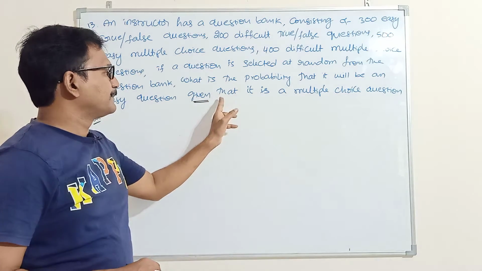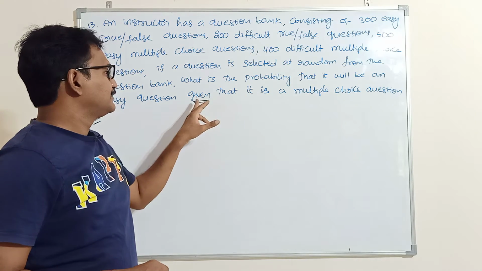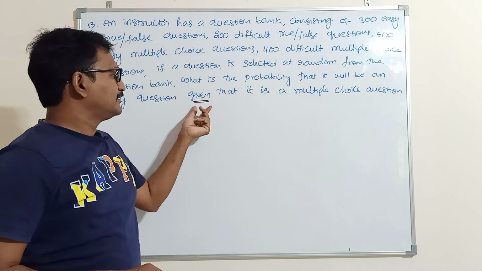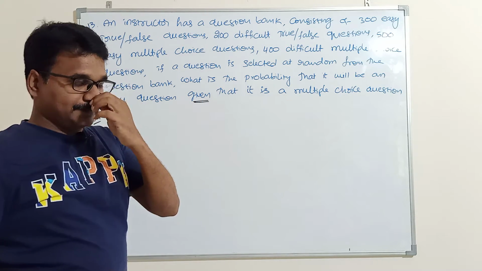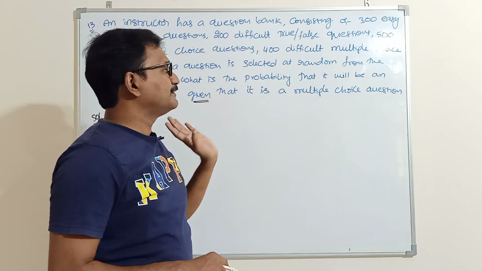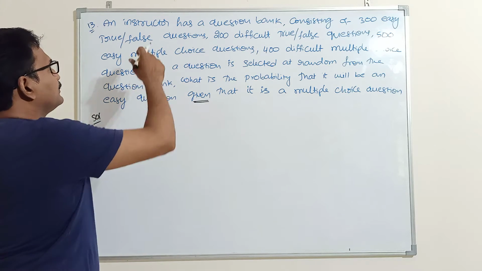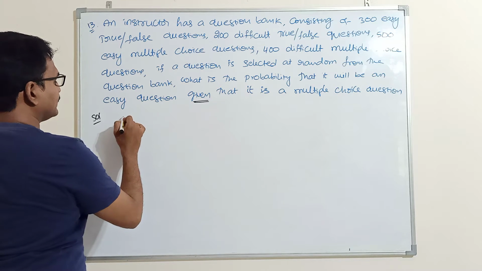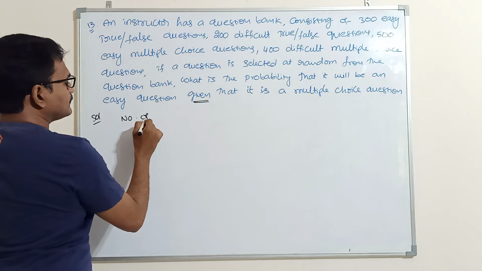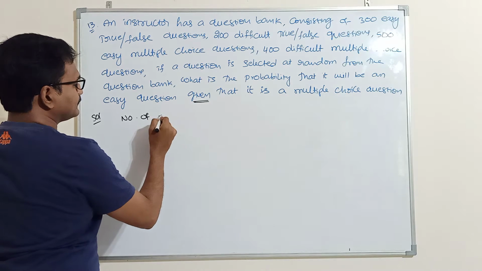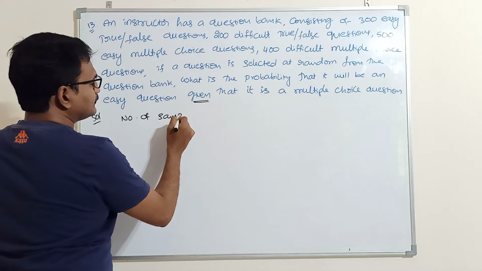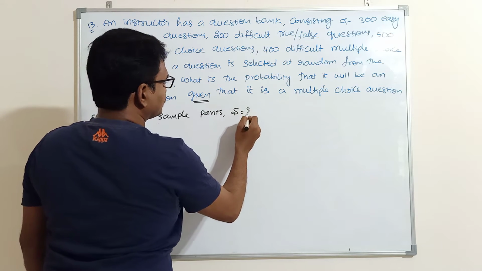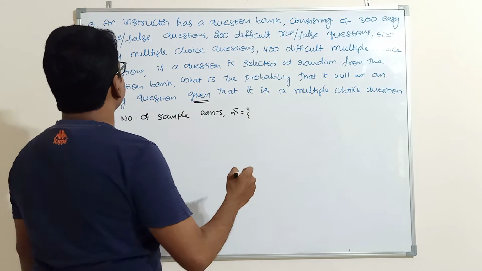Before the given, after the given: before this keyword is one event, after it the next event, event F. Before this we have to consider event E. So coming to the question, total how many questions are there in the sample space? S is equal to, so total how many questions are there? 300 easy questions.